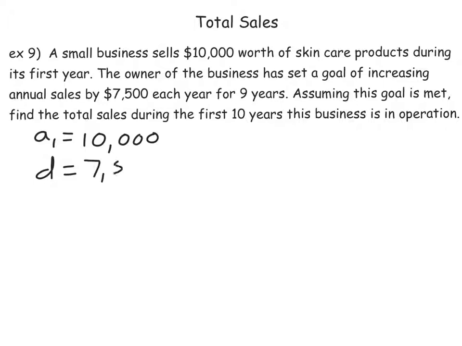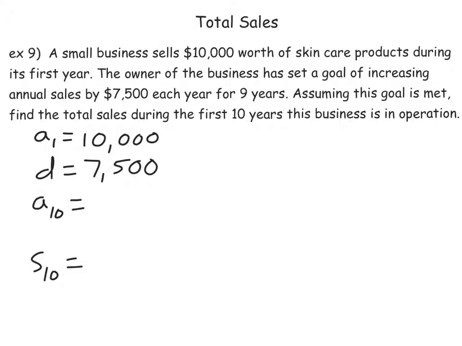The owner would like to increase annual sales by $7,500 a year. We are looking for the sum of her total sales from the first 10 years all added together, which means I am going to need A sub 10.